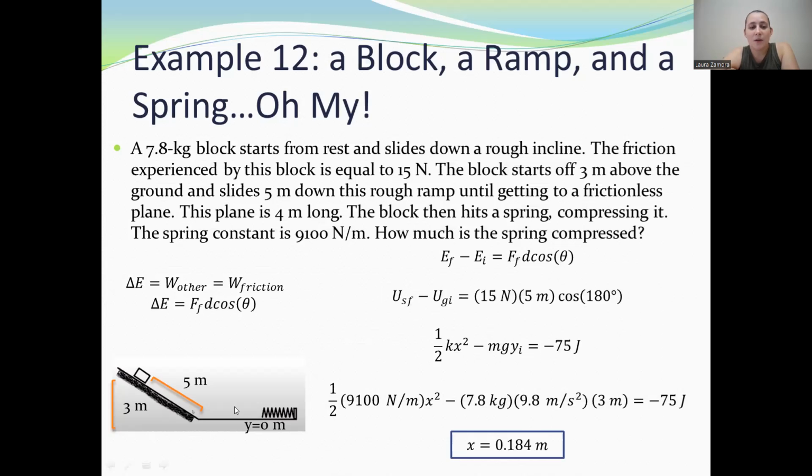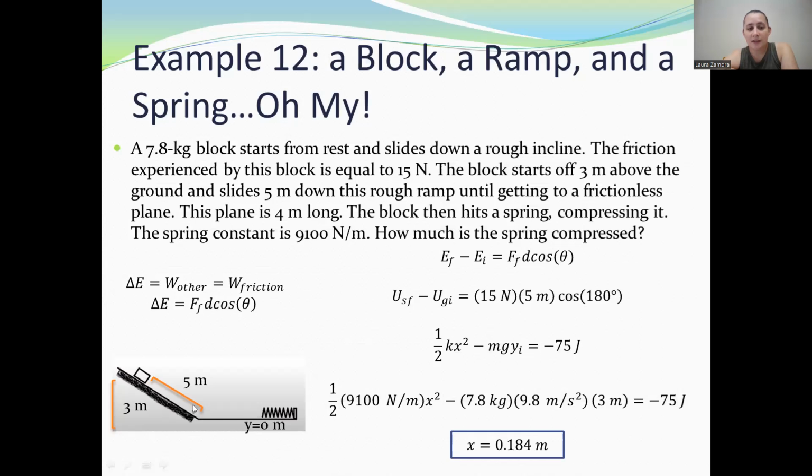Okay. So the final is not just at the bottom of the ramp. The final is the ending position of the block. So we know that this block slides down the ramp and then slides across the floor into the spring and compresses the spring. And that's its final position, is compressing the spring.